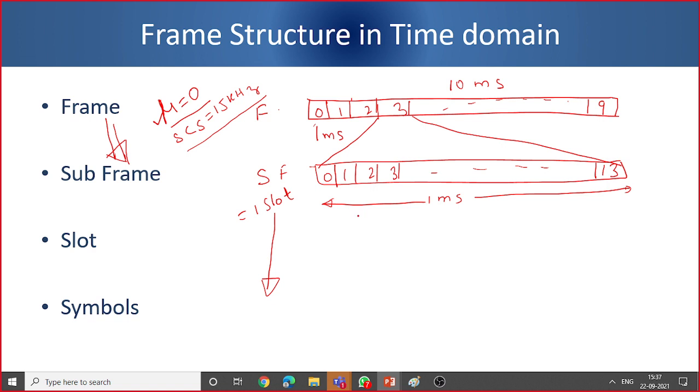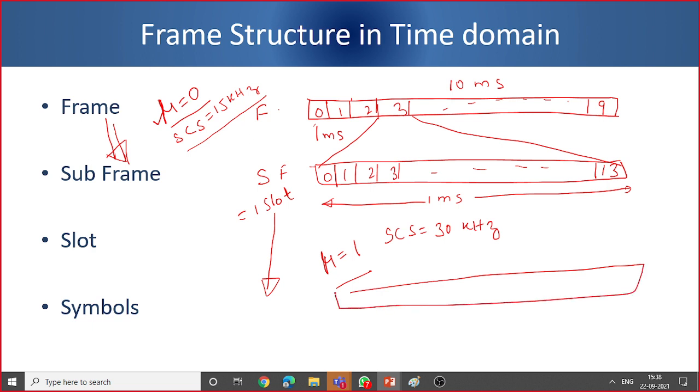But the difference comes when we have mu 1, that is numerology 1, that means subcarrier spacing is equal to 30 kilohertz. So what happens is, in case of mu 1, suppose this is a subframe of 1 millisecond.